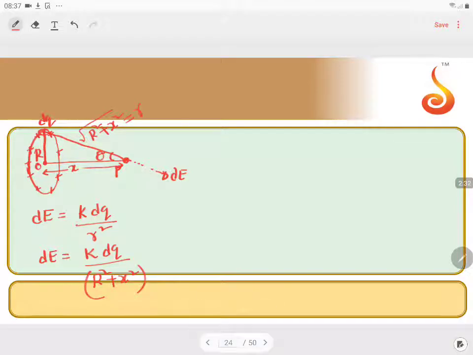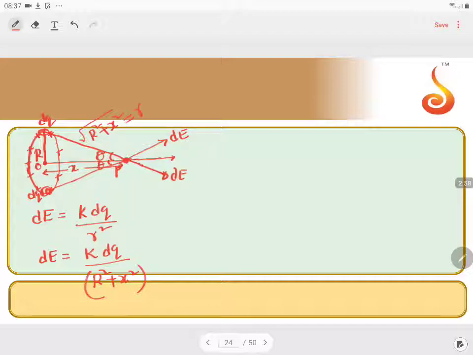Now consider one more elemental charge directly opposite to the first element. This also will produce the same amount of electric field in this direction. So now this is theta. You can resolve both the dE's along the horizontal line and along the vertical line.